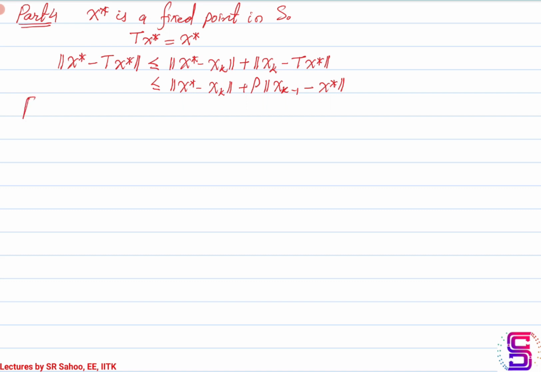Okay, now from part 3, as k approaches infinity, xk approaches x star, and so does xk minus 1.